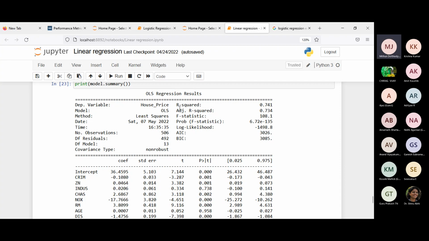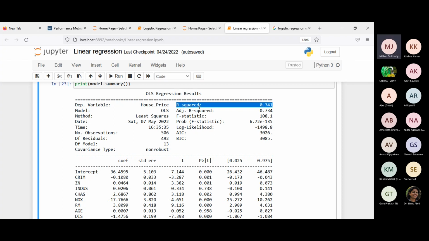We have model goodness of fit, which is called R square. Many people will just say R square, but please use the correct nomenclature. This is the coefficient of determination. I've said this earlier, you should use the correct terminology. R square is nothing but the coefficient of determination.